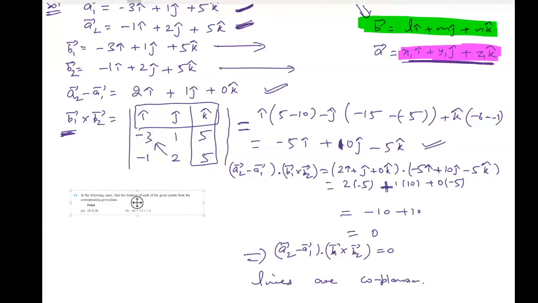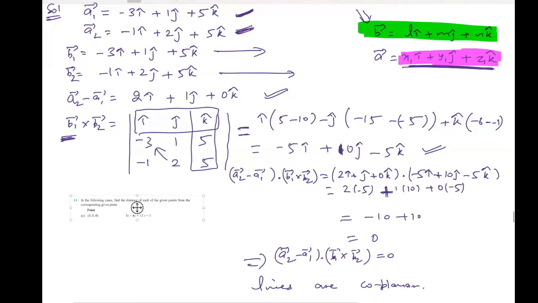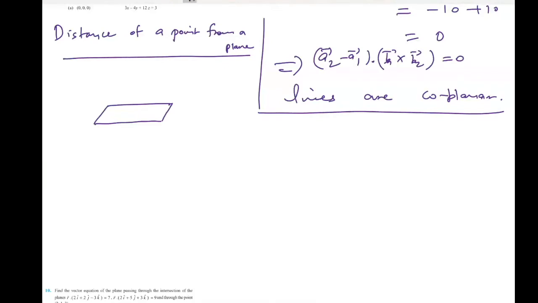Okay, next topic is distance of a point from a plane. What is the general form of a plane? Ax plus by plus cz plus d is equal to 0. And let's say we have a point P, x1, y1, z1, and we need to find its distance from the plane.